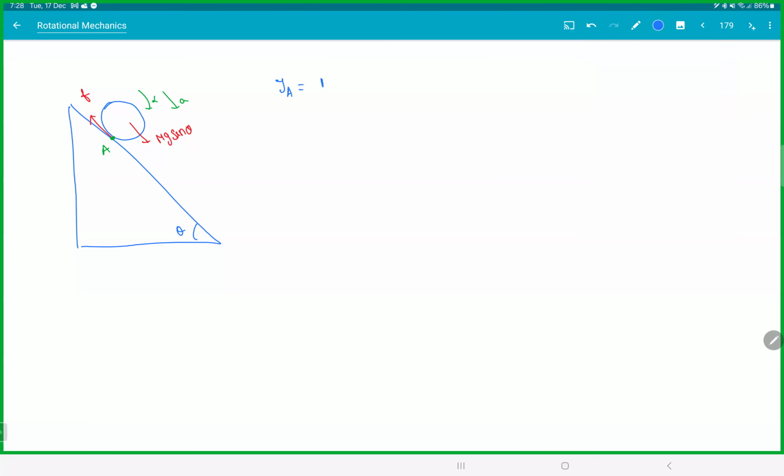So torque about A will be mg sine theta into R is equal to I_A alpha. It's a solid cylinder, so mr square by 2 plus mr square, parallel axis theorem, 3 mr square by 2, times alpha. Alpha will be 2g sine theta by 3r. Acceleration is r alpha, which is 2g sine theta by 3.